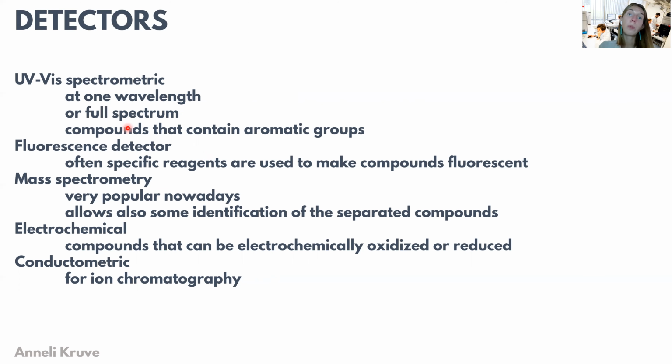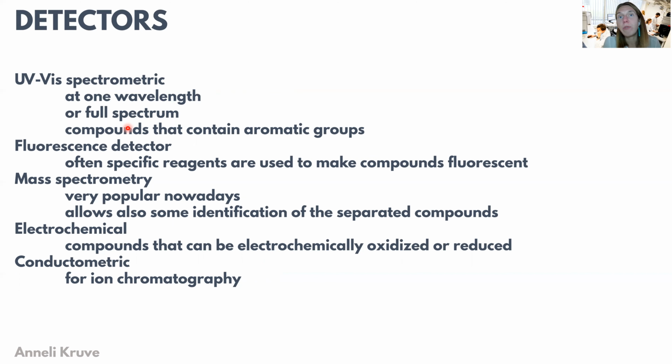And ultraviolet visible spectroscopy is very useful because it allows detecting all kinds of compounds that have some kind of aromaticity. So in the days when mass spectrometry was not very common yet, or not common at all, UV spectroscopy was the workhorse of the HPLC. And because not all analytes absorb at reasonable wavelengths, so maybe they don't absorb very much above 200 nanometers or 250 nanometers, derivatization was fairly often used also in HPLC.